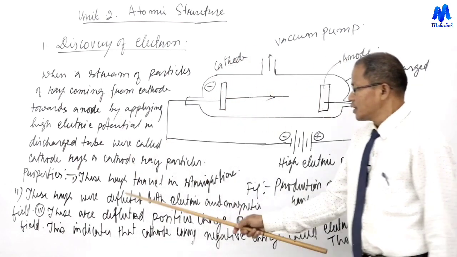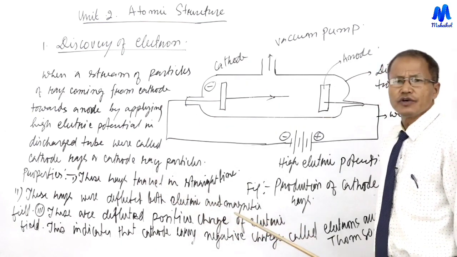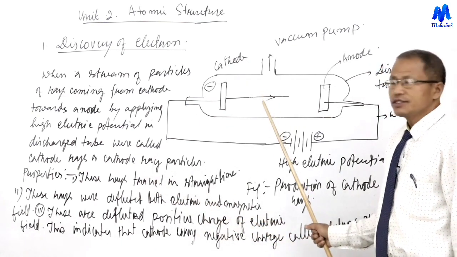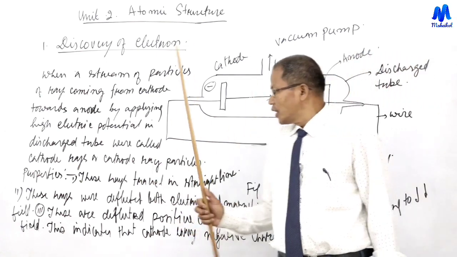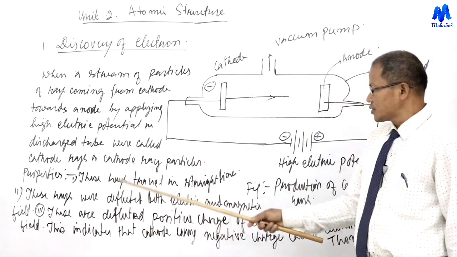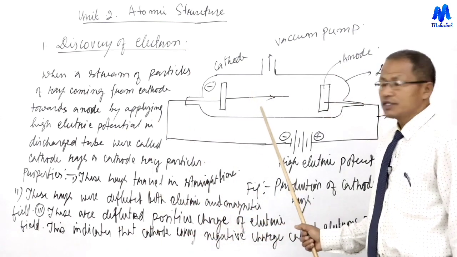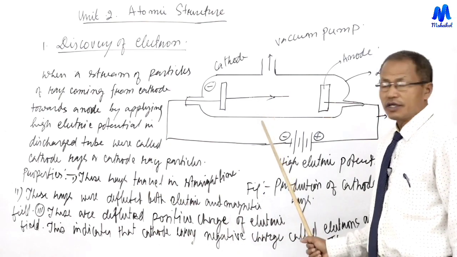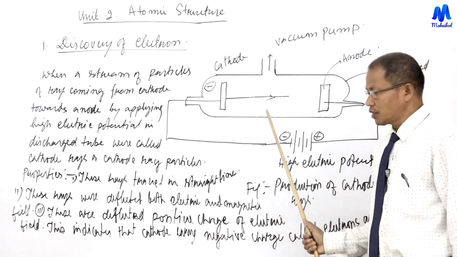These rays are deflected by both electric field and magnetic field. When you place them near the positive charge of an electric field, these rays are attracted towards the positive charge.